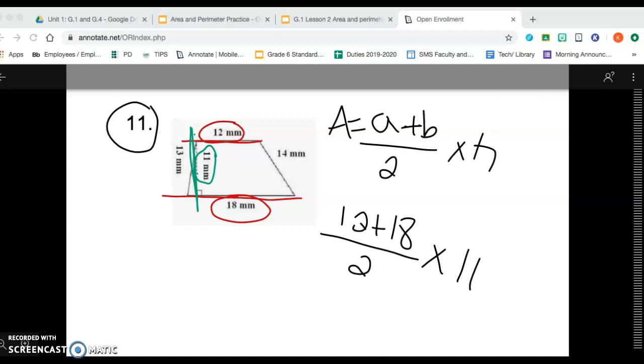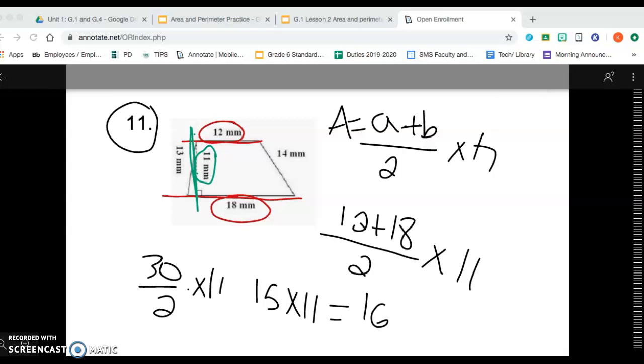I'm going to use my calculator for this. 12 plus 18 is 30. Then we're going to divide that by 2, times 11. 30 divided by 2 is just going to give me 15, and then times 11. 15 times 11, I'm just going to throw that in my calculator, gives me 165.